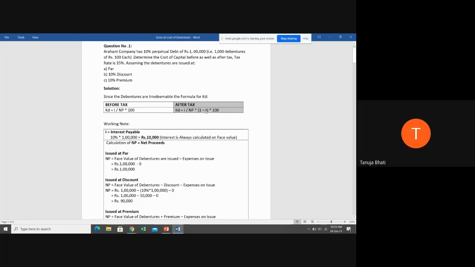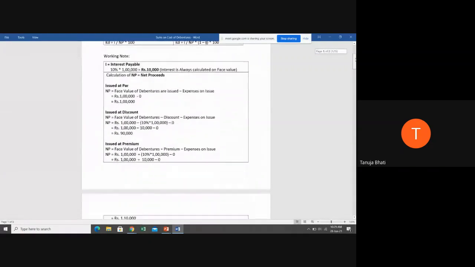So can anyone tell me in the problem what is T? What is the T denoting? Tax. Yes. Okay, so can anyone tell me, looking at the question, what is the tax rate? 35%. So 1 minus 35%. So how much is it going to be?